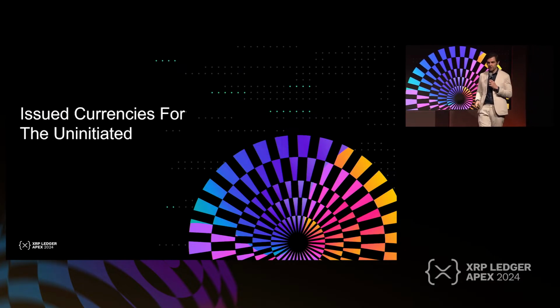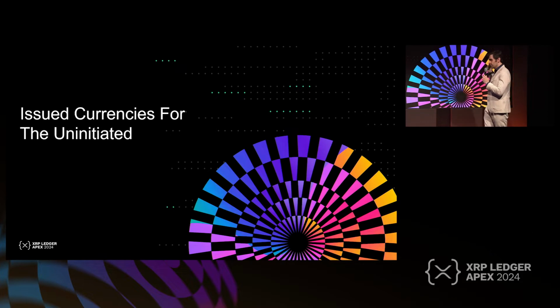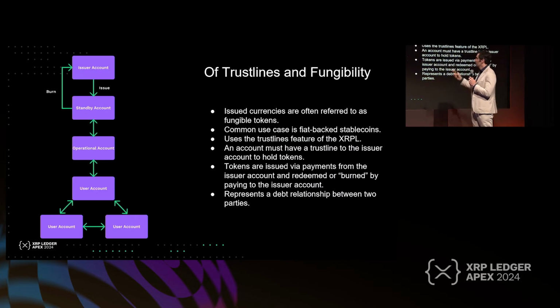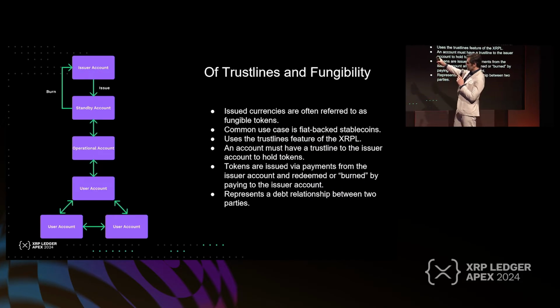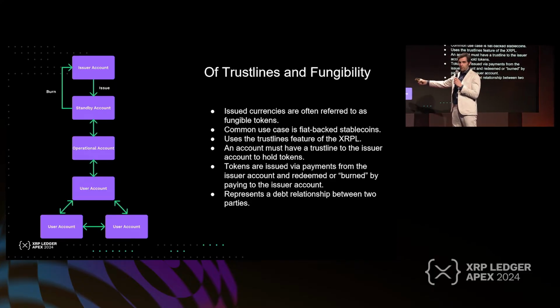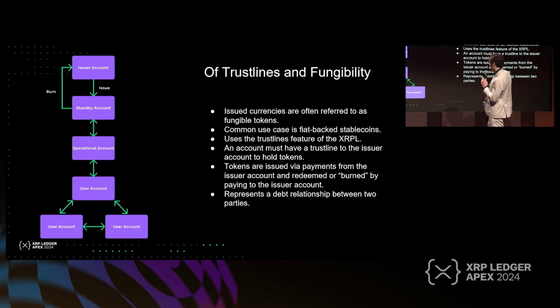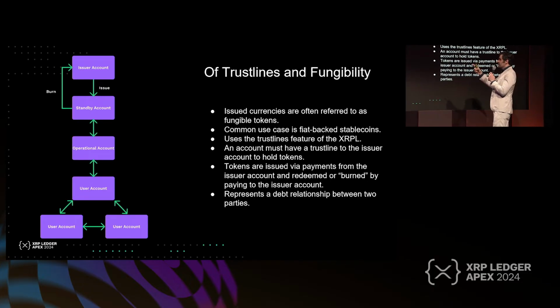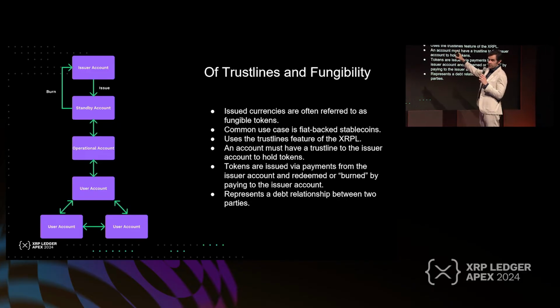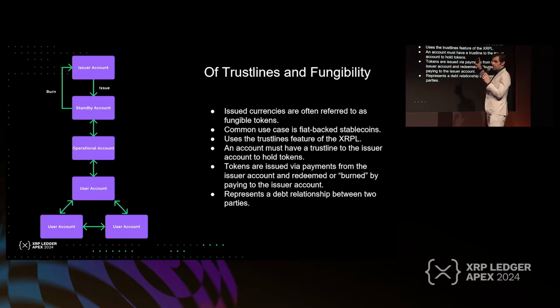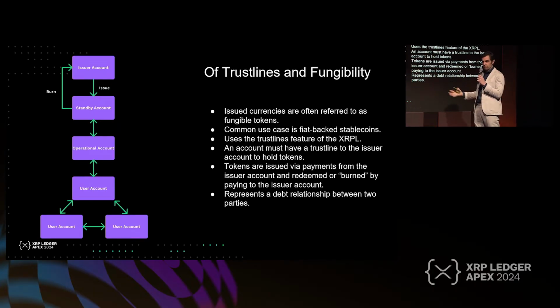Going to talk about how we plan to evolve what we built and our plans to share it with you. So let's get started. Issued currencies for the uninitiated. This diagram is straight from the wonderful XRPL help docs, and it describes the relationships that you have between accounts when you're handling issued currencies. Issued currencies are often referred to as fungible tokens, a terminology that many of you have probably heard.